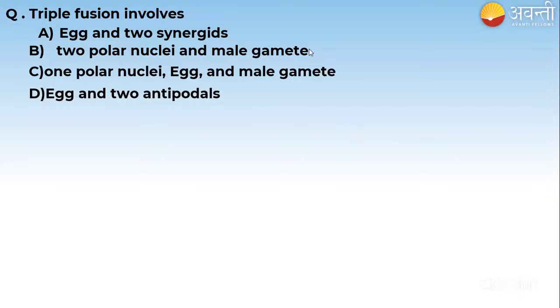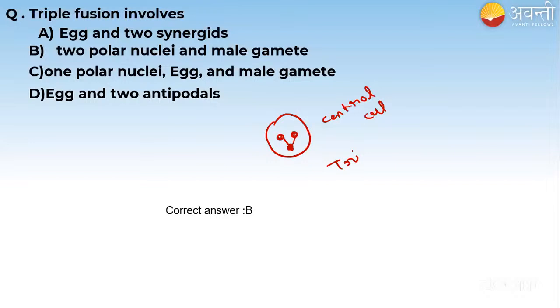Very good, very good. Very good, Sanjushri. Very good, Tengwan. Very good, Dharmi. Very good, Navya. Yes, so let us talk about the answer, guys. The answer is B. The male gamete is fused with the central cell. This is also called triple fusion.